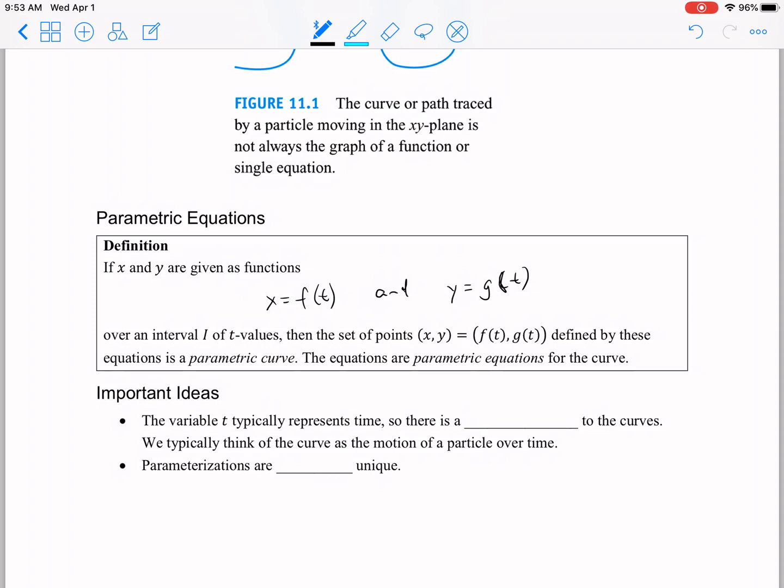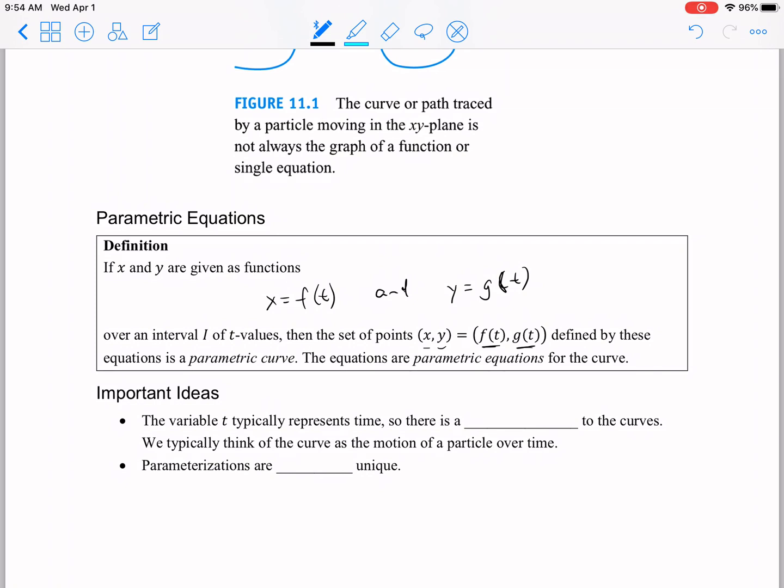And then we can put these together over an open interval I of t values, where our coordinates that are mapped out, or the position vectors, if you watched my other video, are the x, y's. The x ones are the function of time f, and the y ones are the function of time g. And they're defined by these equations, and it's called a parametric curve. And there are advantages to doing this, as you'll see as we move further into this motion.